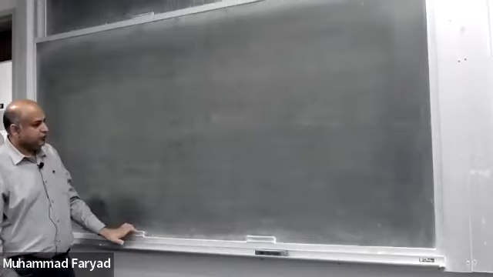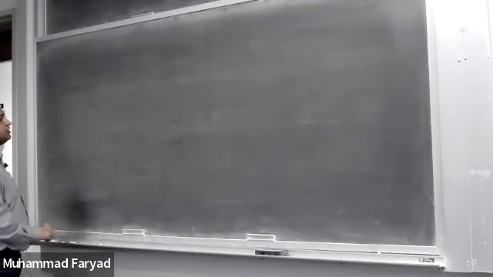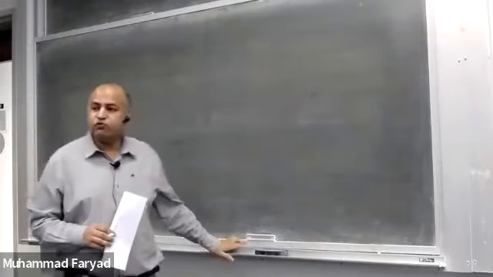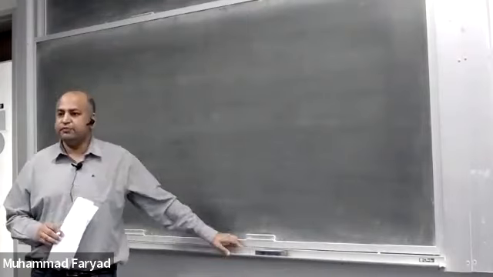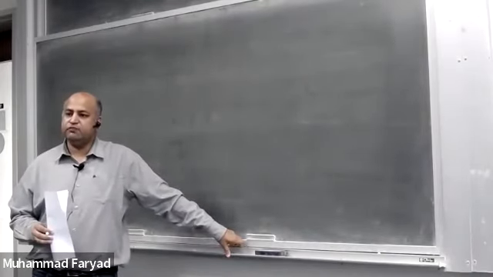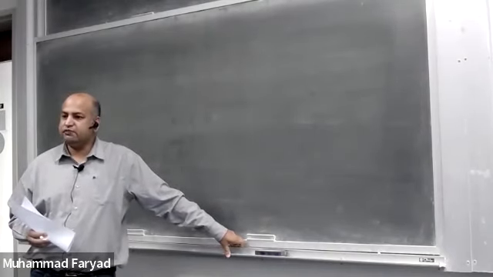Okay. So let's now see the matrix representation of operators. In general, operators don't have to have a matrix representation, especially a finite dimensional representation. We can have infinite dimensional matrix representations for operators.